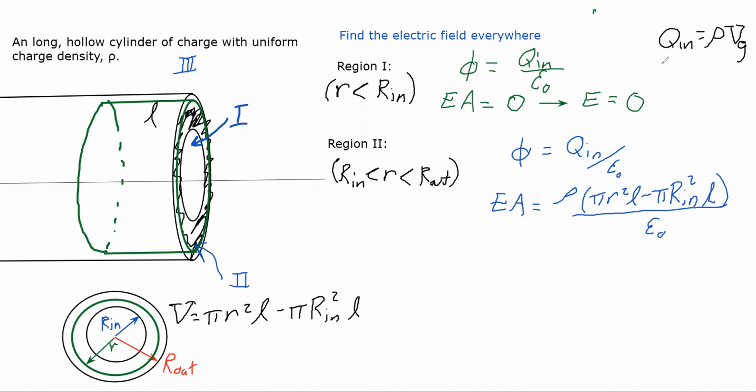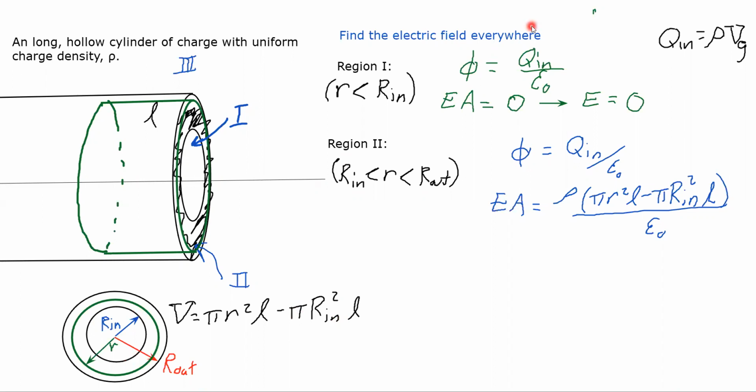Definitely a little harder because you have to subtract out the empty space where charge does not exist. If I didn't subtract out this space, then it would be as if this whole thing was filled with charge. And of course, that's not our problem. All right, so we're almost there.